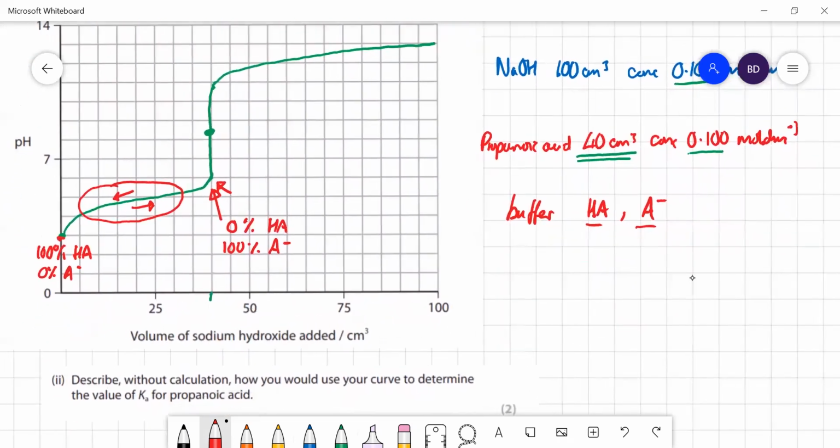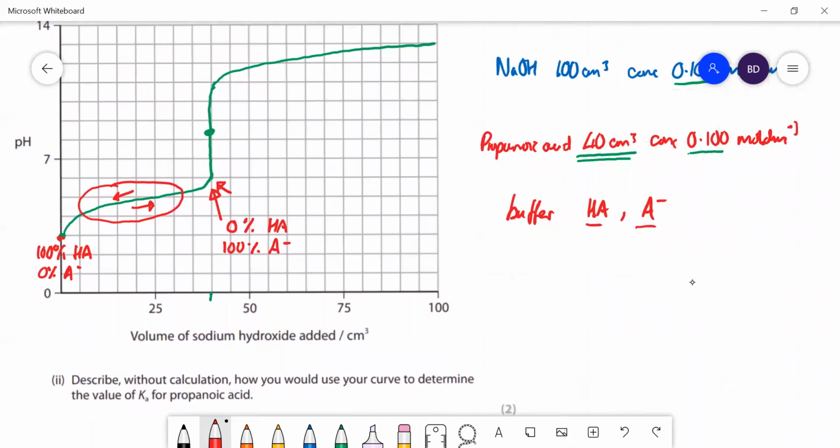Now, describe without calculation, how would you use your curve to determine the value of Ka for propanoic acid? Well, remember the half equivalence point, which is going to be at 20 here, just there. So I'll draw it in a different color. That's the half equivalence point.